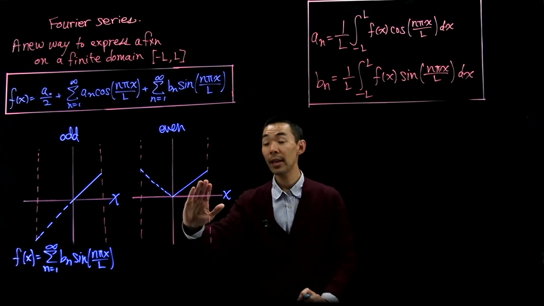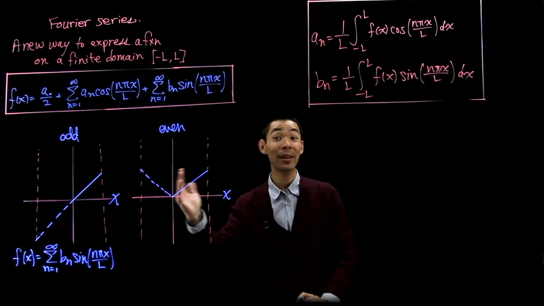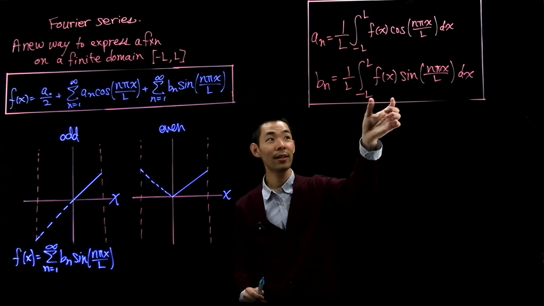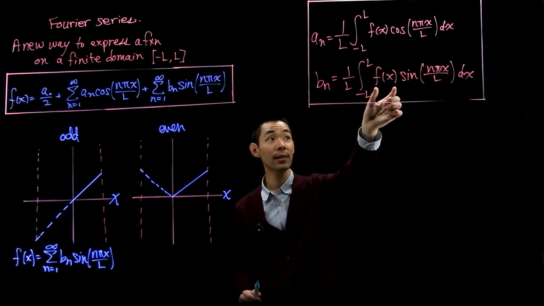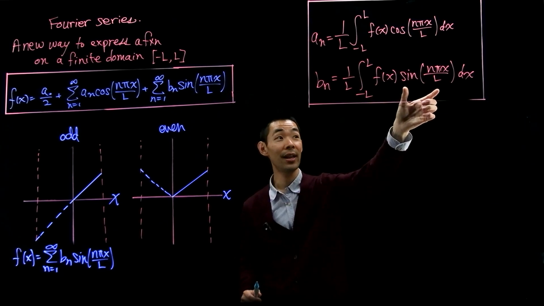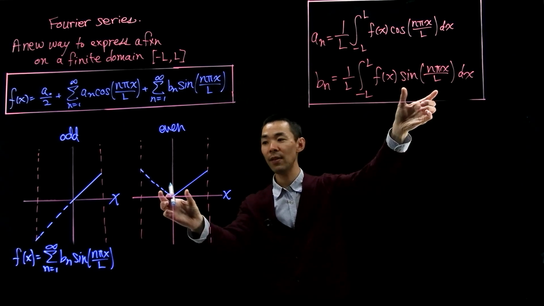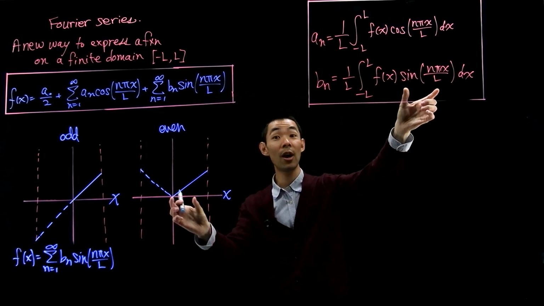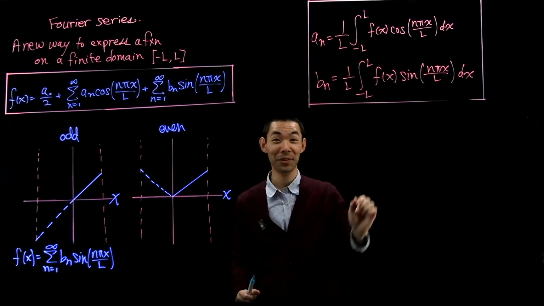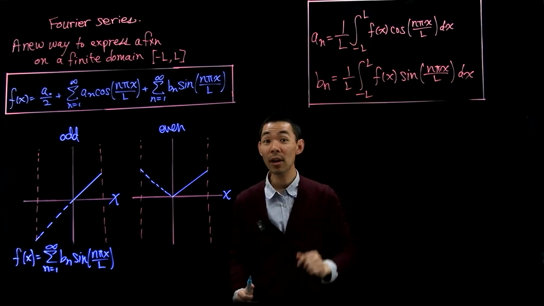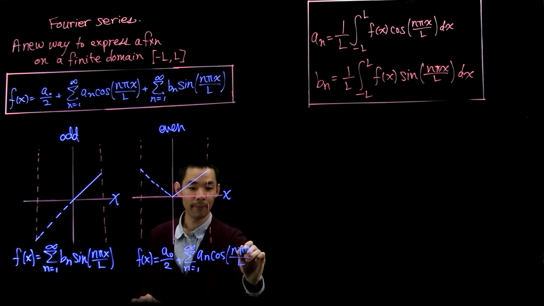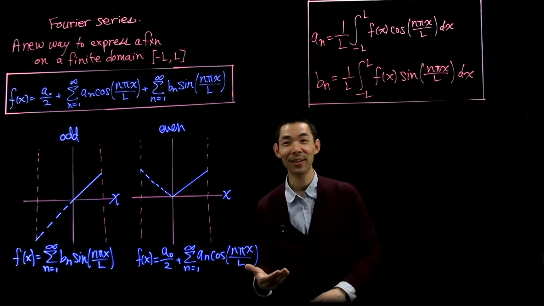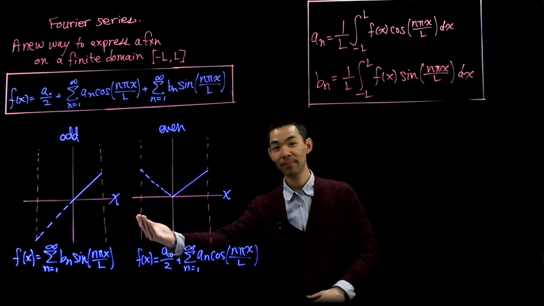Now you have an even function times an odd function, so now your b's are equal to 0 and your a's are non-zero. So it flips. Now you just get a cosine series because you've made an even extension.